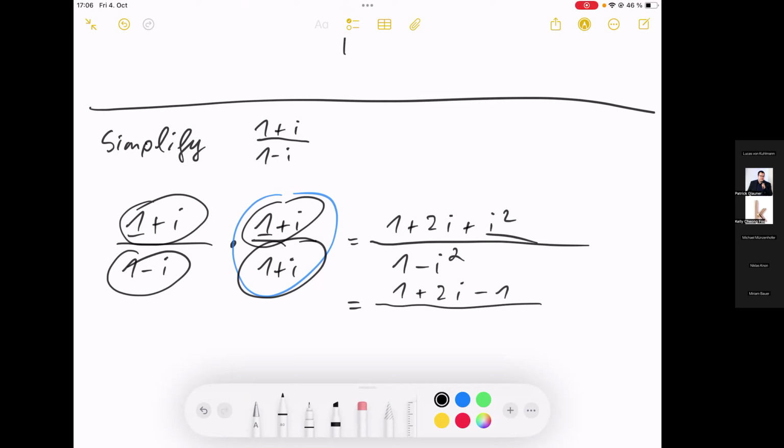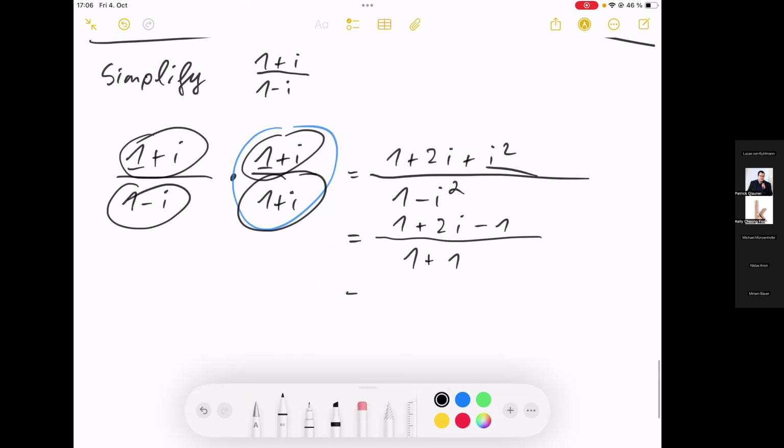And in the denominator, we have 1 minus i squared. So i squared is minus 1, minus times minus 1 is 1, so 1 plus 1. And we can try to simplify this further. The 1 and the minus 1 just disappear. So it's 2i divided by 2. So 2i divided by 2 is just i.